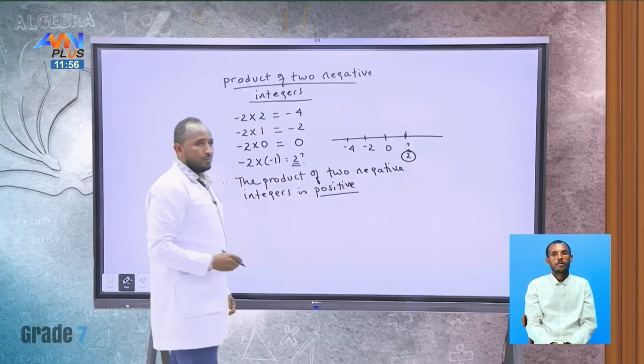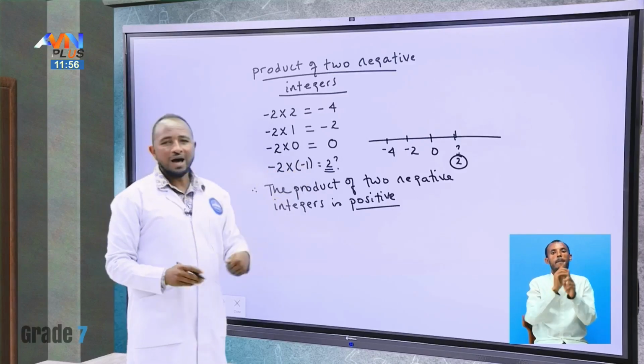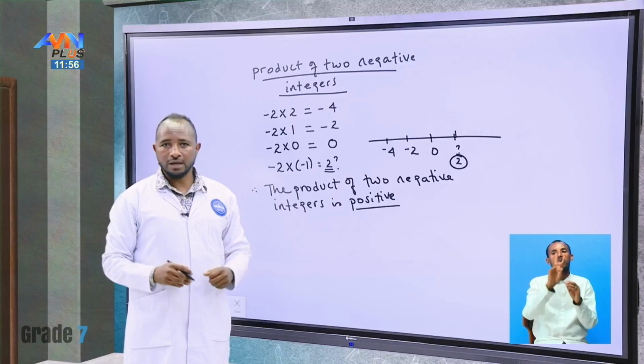So when you multiply two negative integers, simply forget the sign and then multiply the numbers. 2 and 1, 2 times 1 is 2. That will be the answer.